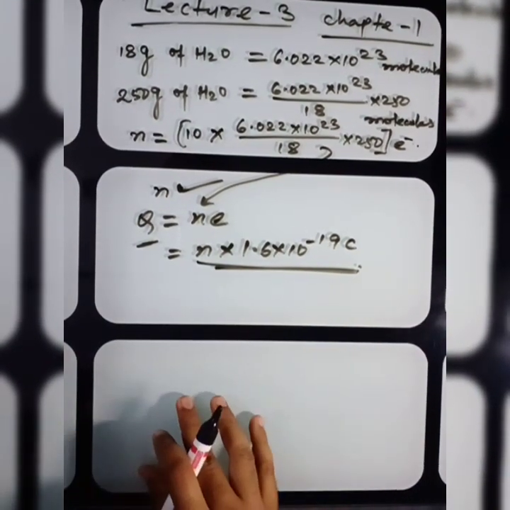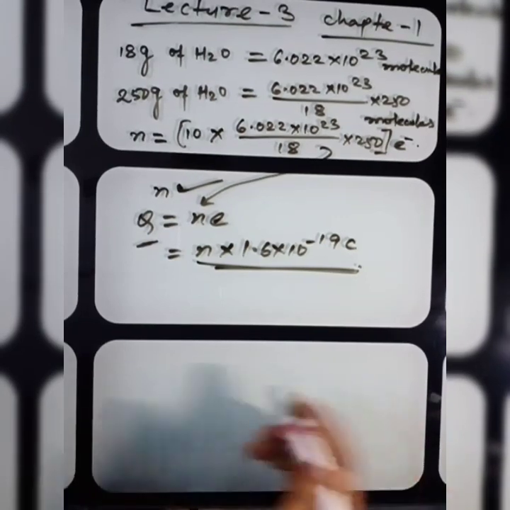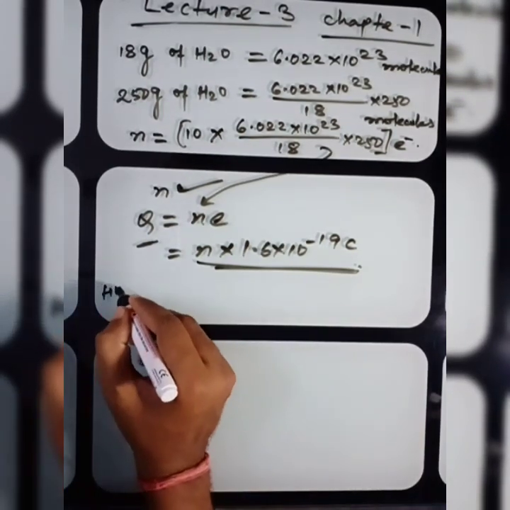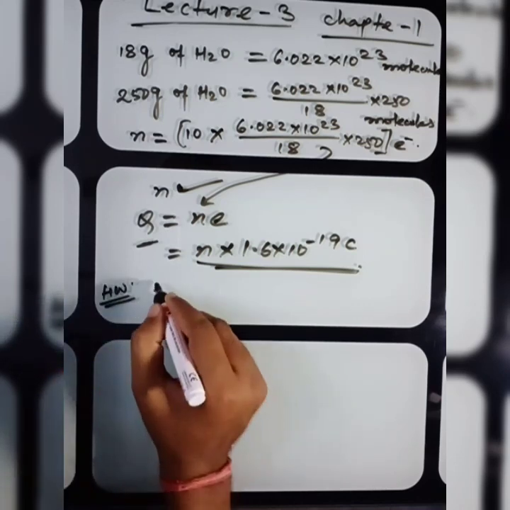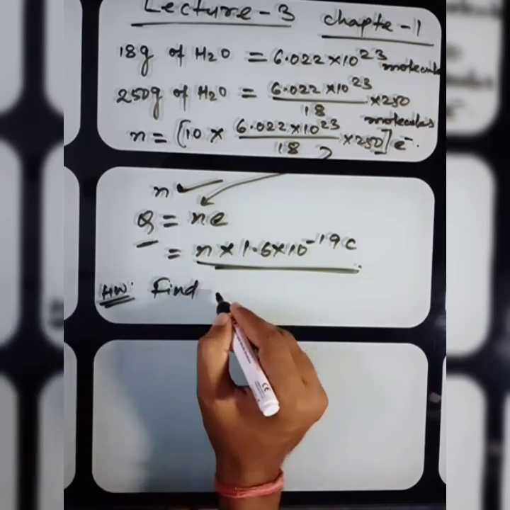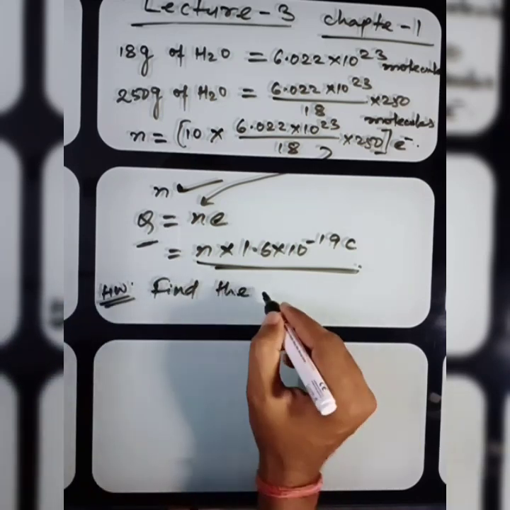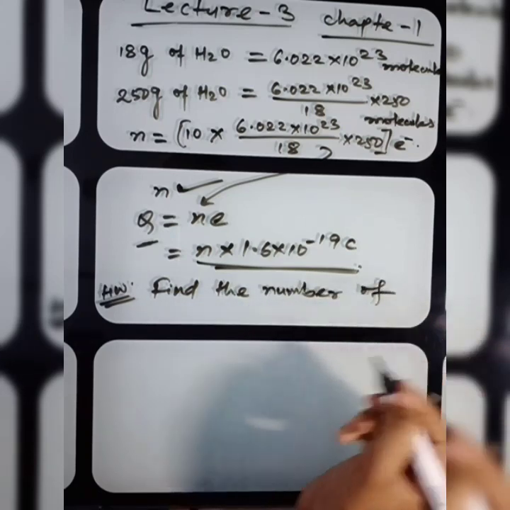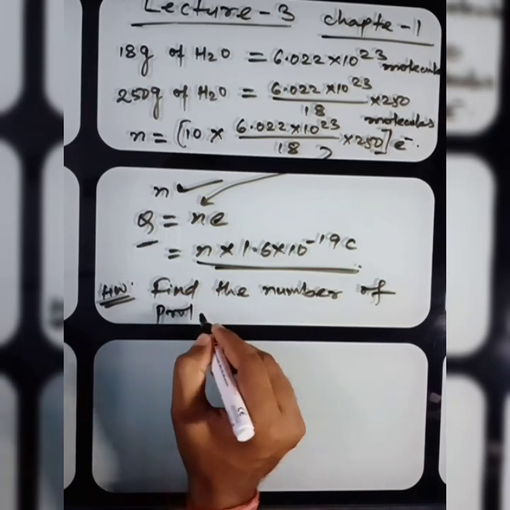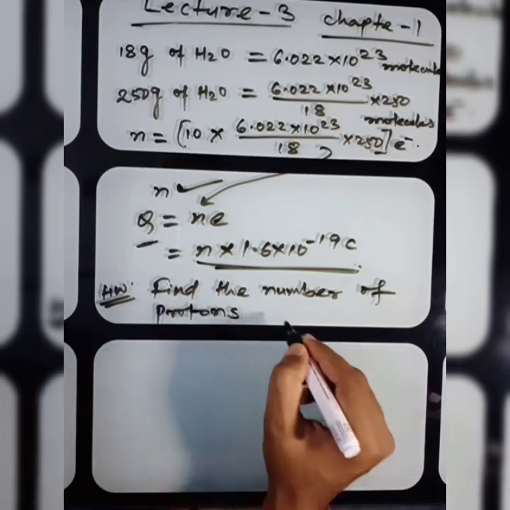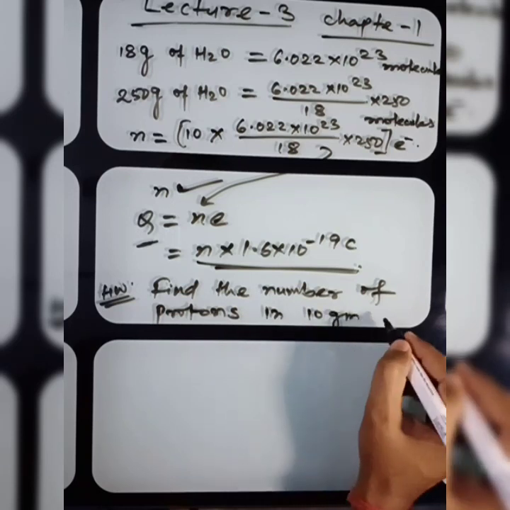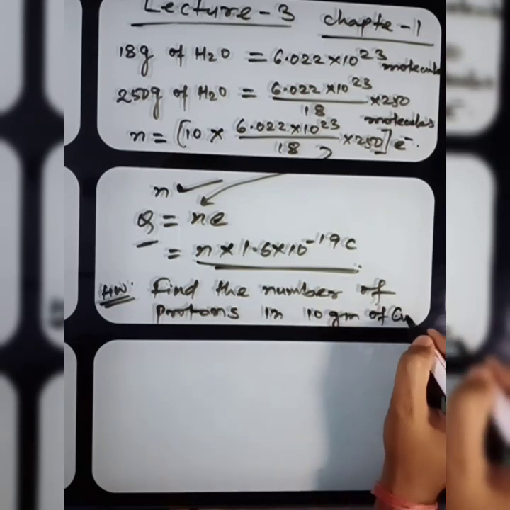Here I am leaving you a question as a home assignment. You have to find the number of protons in 10 gram of copper.